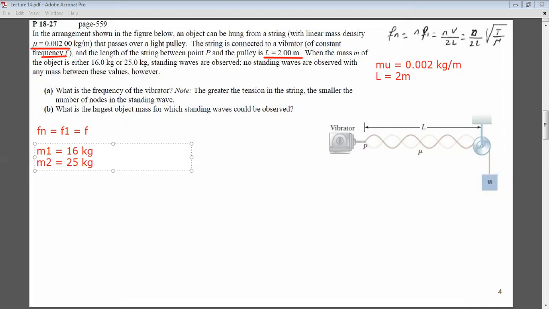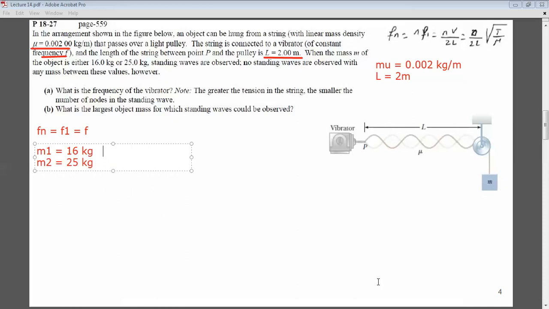Okay, so one of these will be referring to n, and the other will be n plus 1. And we have to decide which one is referring to n, that is, I have n antinodes, and which one is n plus 1. What does it mean that no other standing waves are observed? This means when I put here M1 equals 16, I saw, for example, 4 antinodes.